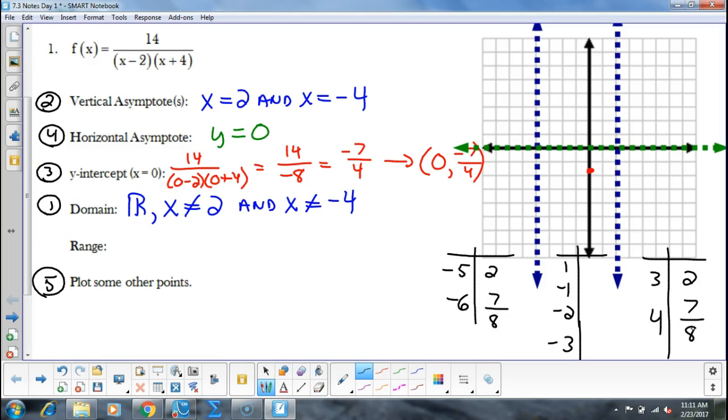Outside, then start working on some of these middle ones too. Okay. So for 1, what did we get for +1? 14 over -5. For -1, I got 14 over -9.